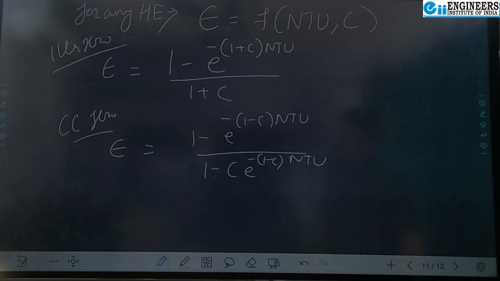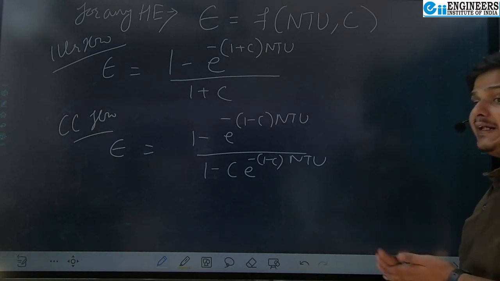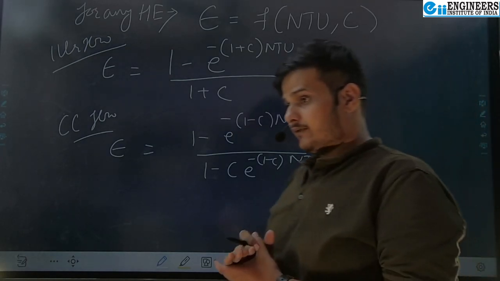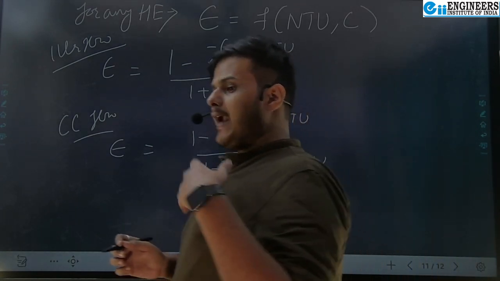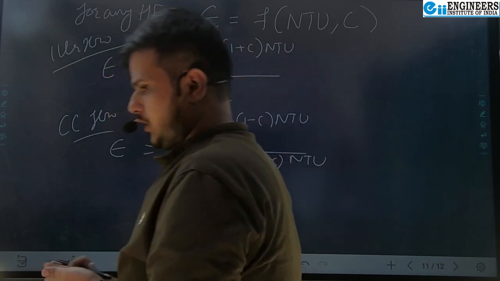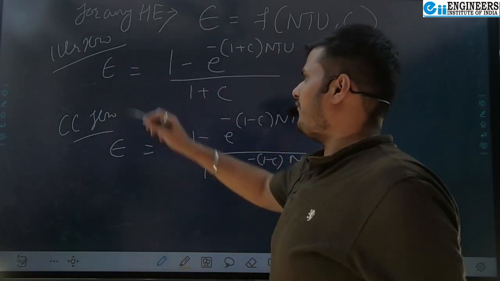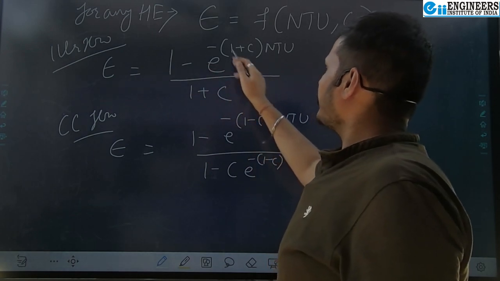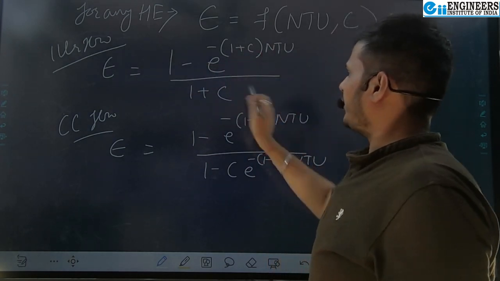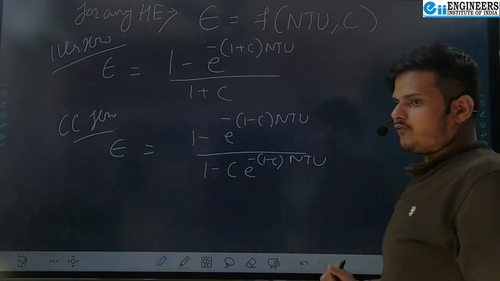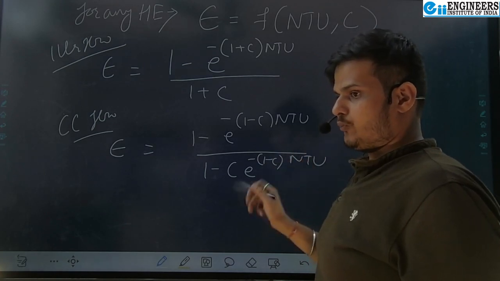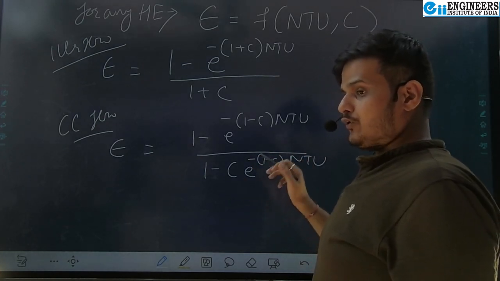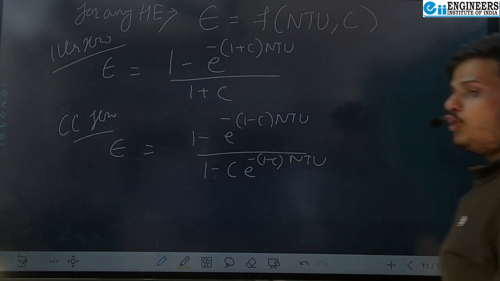So here we will analyze that for any heat exchanger, the effectiveness is a function of its NTU and capacity rate ratio. For a parallel flow heat exchanger, the effectiveness will be 1 minus e to the power minus (1 plus C) into NTU, divided by 1 plus C. And for a counterflow heat exchanger, the effectiveness will be 1 minus e to the power minus (1 minus C) into NTU, divided by 1 minus C e to the power minus (1 minus C) into NTU.